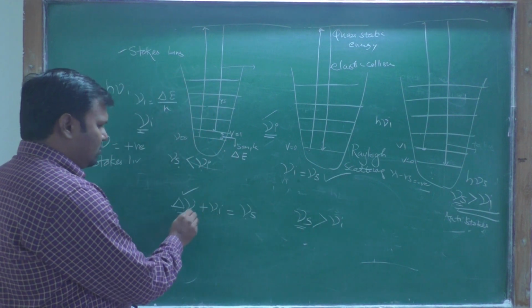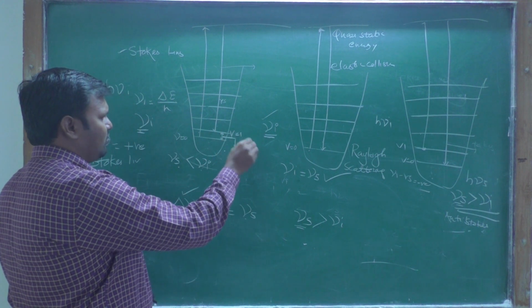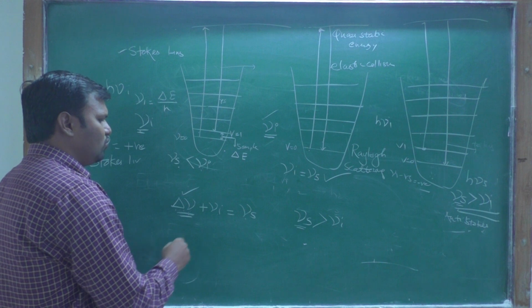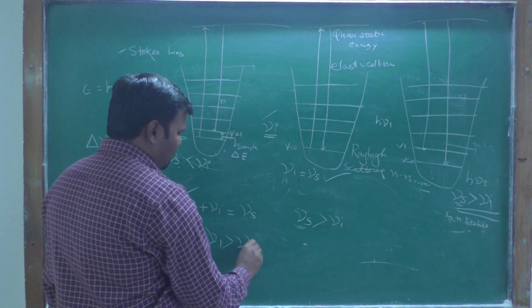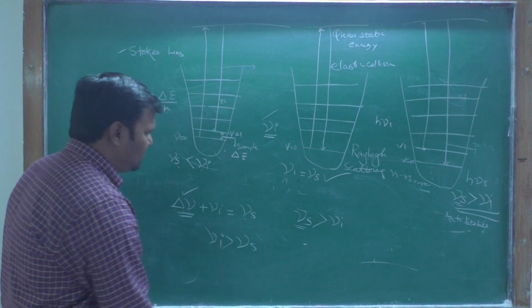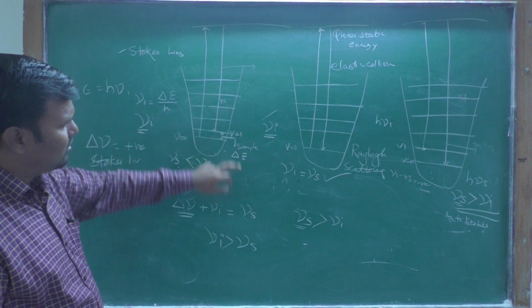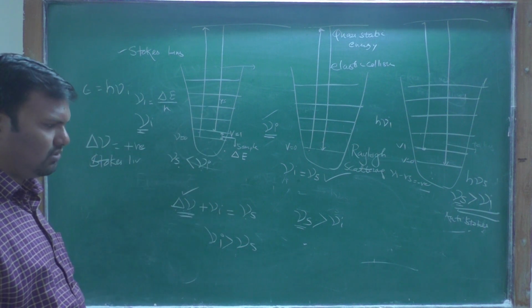If delta mu is negative, then mu S is less than mu I, and the incident frequency is higher than the scattering frequency, which is called the Stokes lines.